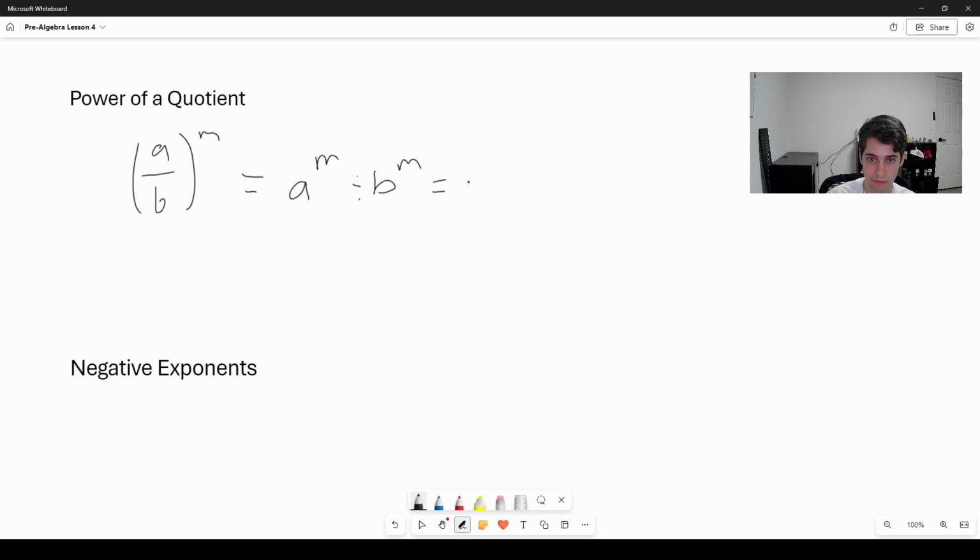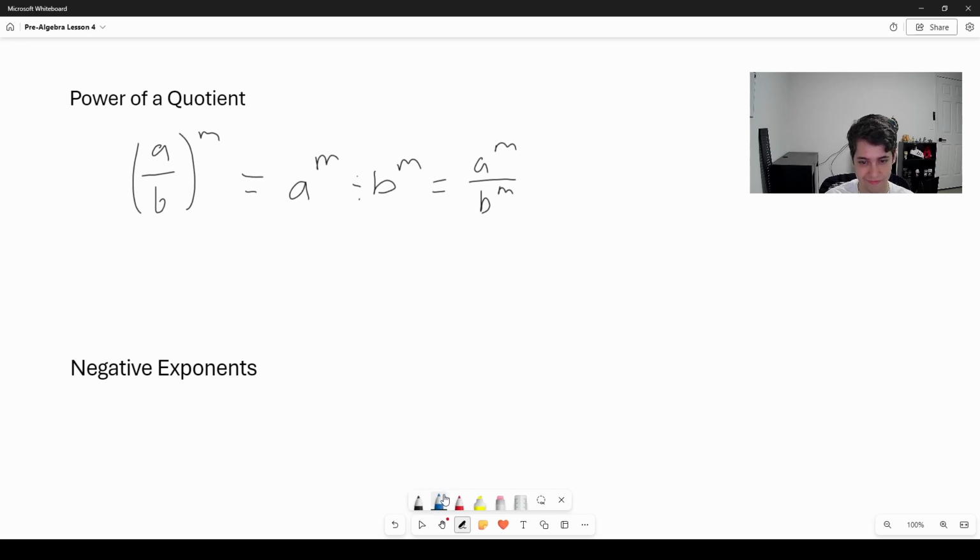And again, this can also be written as a fraction bar, because that's the same thing as division. So again, it's the sibling of the previous one, the power of a product. We're just doing it with division now instead. So nothing too crazy to talk about here.